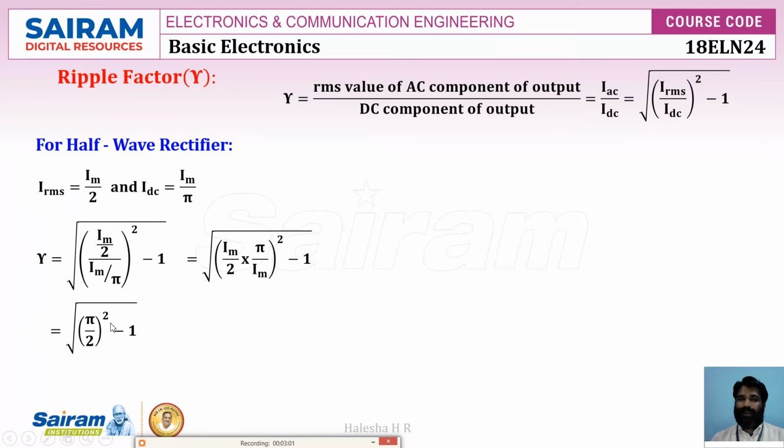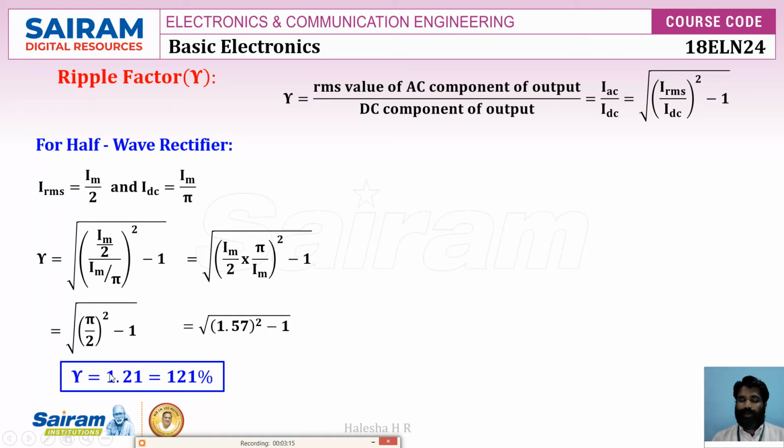It becomes pi by 2 whole square minus 1. Pi by 2 is 3.14 divided by 2, so it is 1.57 square minus 1. So the ripple factor is 1.21, or 121%.